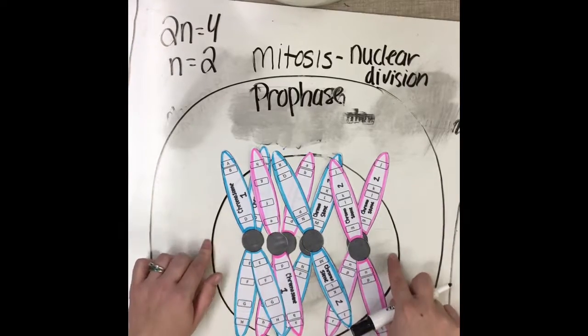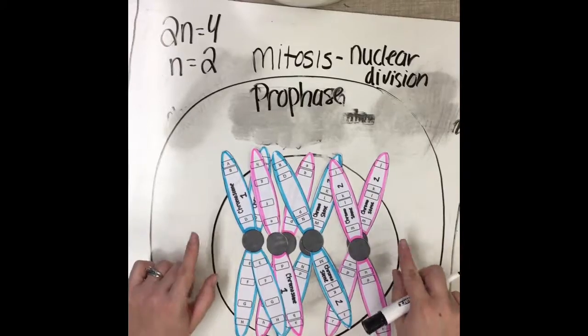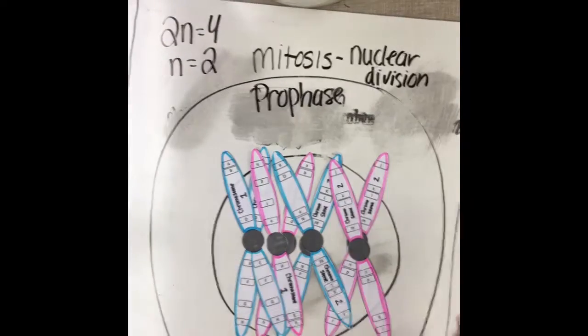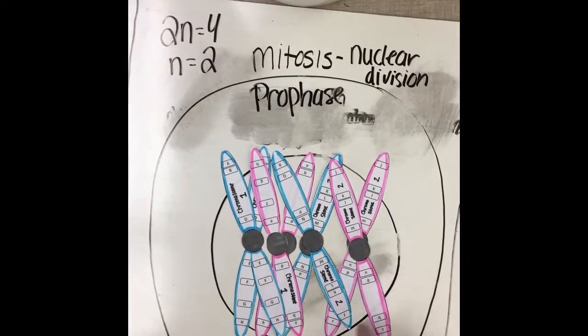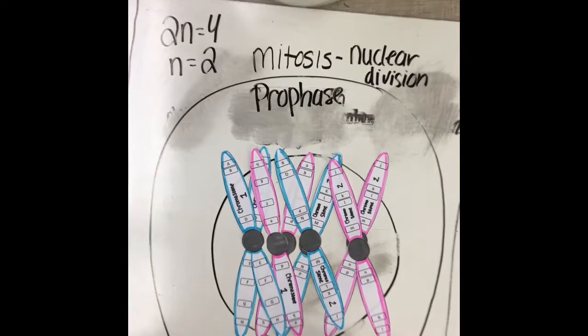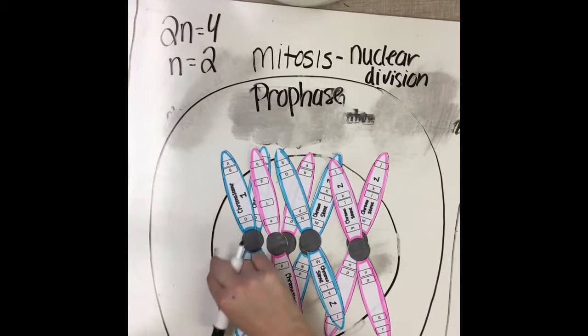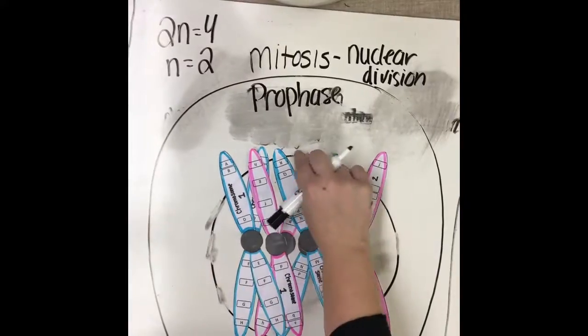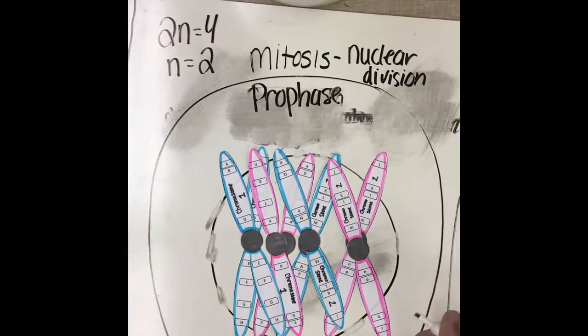So they're going to take their X shape, and they are going to start to become visible under the microscope. Your nuclear envelope is going to start breaking down, so that DNA can come out of the nucleus, and then we would be able to separate it.